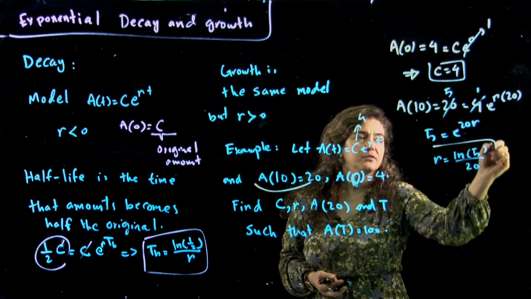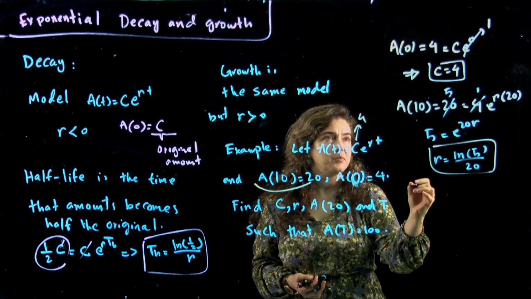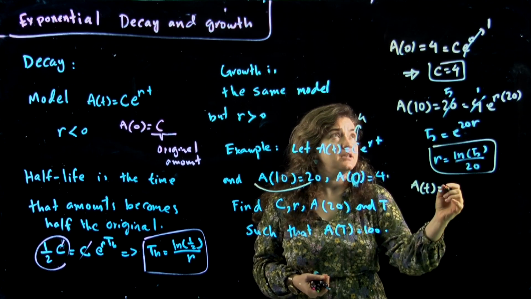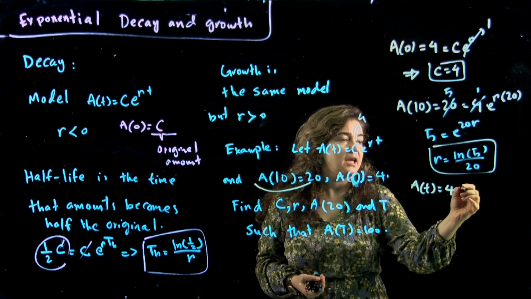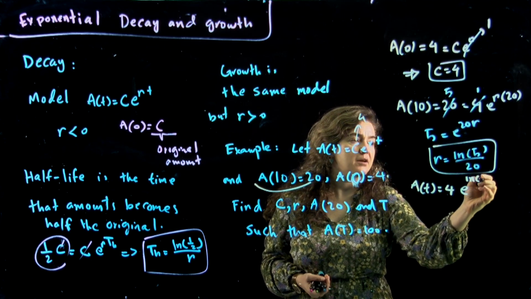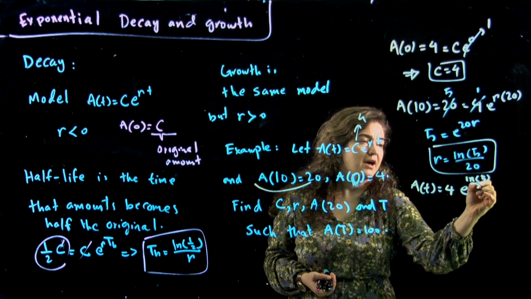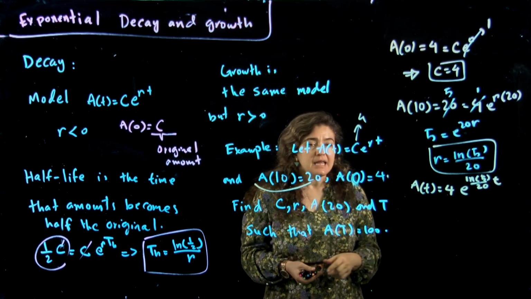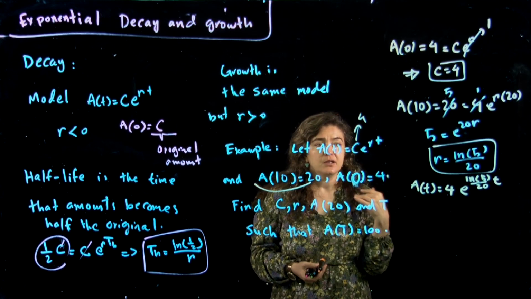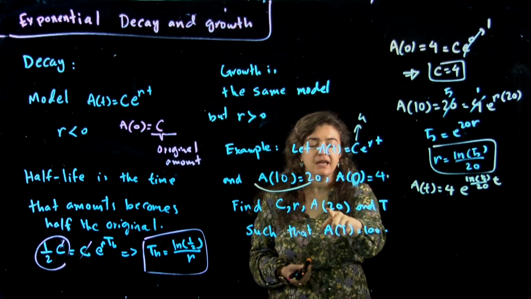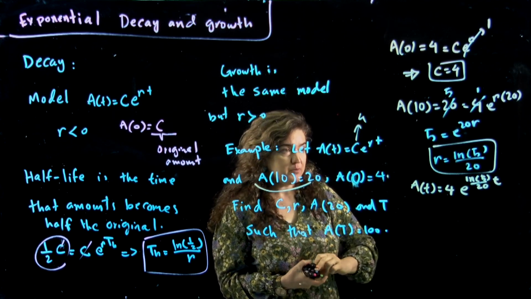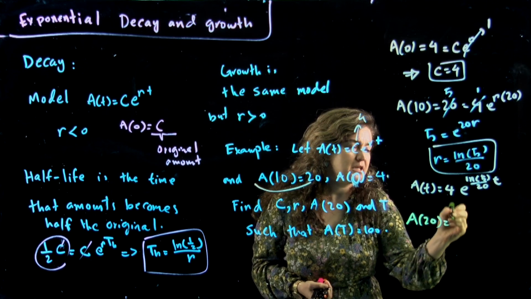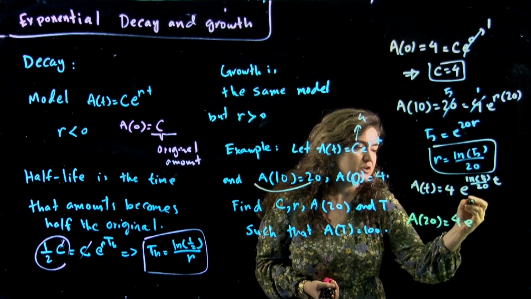So we found both of them. Now I can write the model the way it should be: A(t) is equal to 4 e to the power of (ln 5 divided by 20) times t. The next step is to find A(20). How do we find A(20)? By plugging in 20 inside this function.